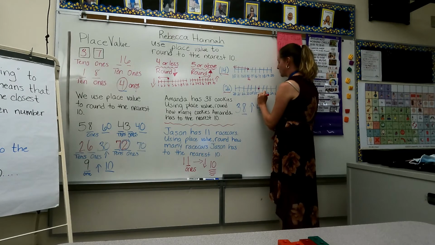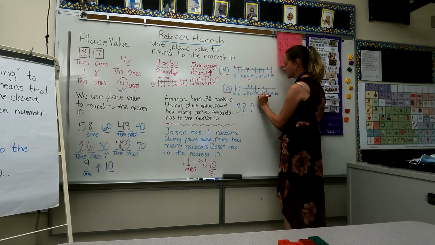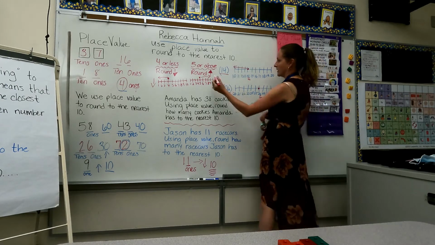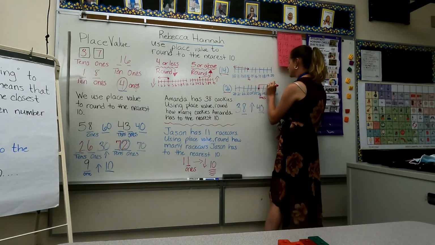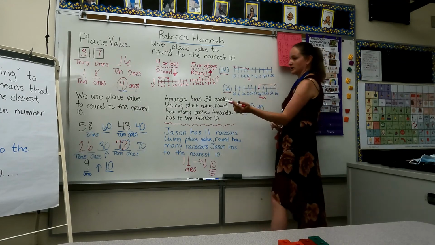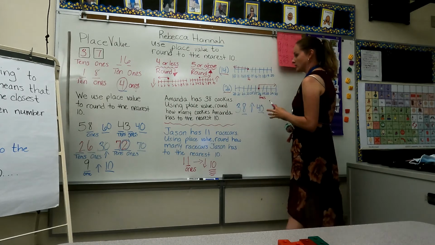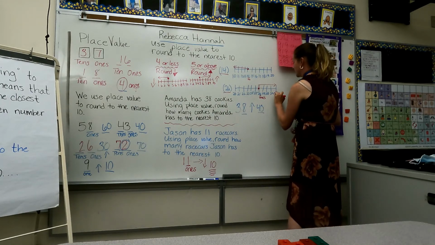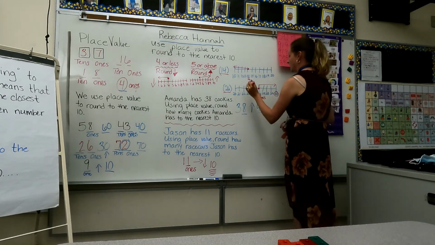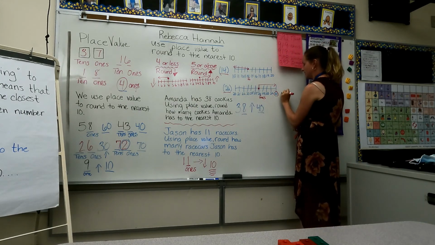Because the number in the ones place for 26 is 6, we're going to round up, and if I round up to my nearest 10, which is the number that ends in 0 that is closest to the number, it is 30. So 26 rounded to the nearest 10 is 30.